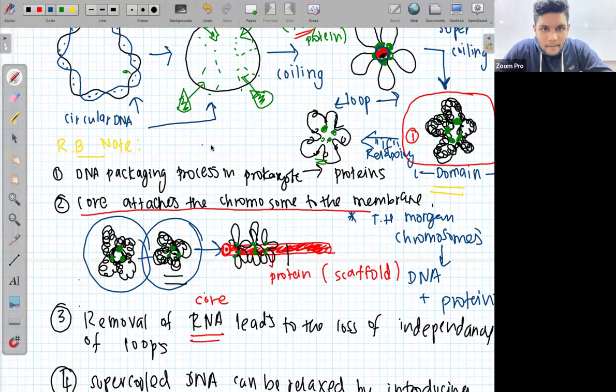Is it clear for all? Because it's an important part. Now we have concluded the DNA packaging in prokaryotes, so this can be questioned. Is it clear?